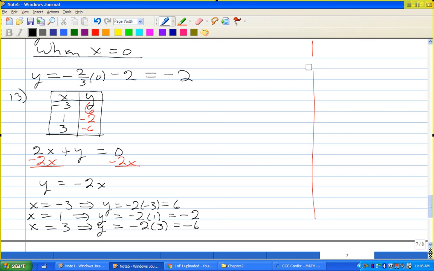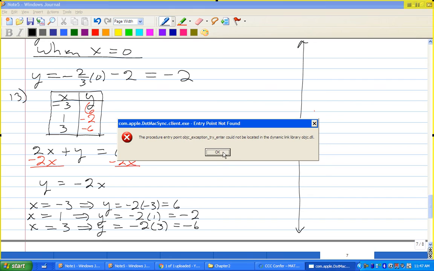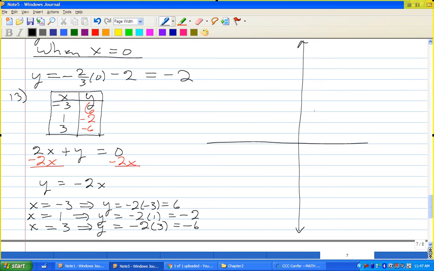Get the right color. Okay, so do this. It's kind of hard to fit everything on there. 1, 2, 3, 6, 7. Good. 1, 2.